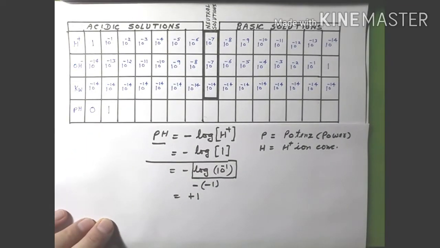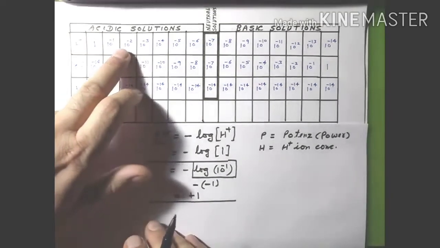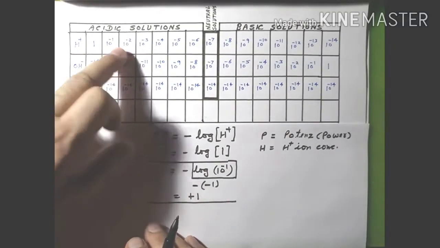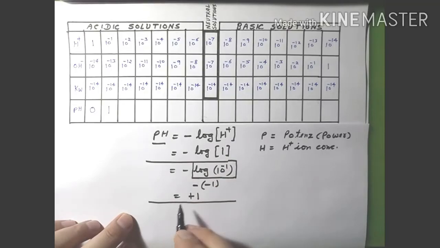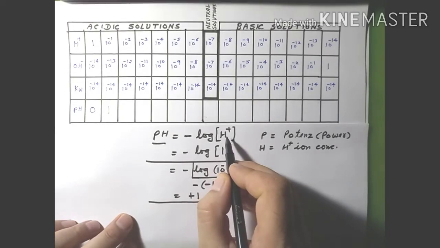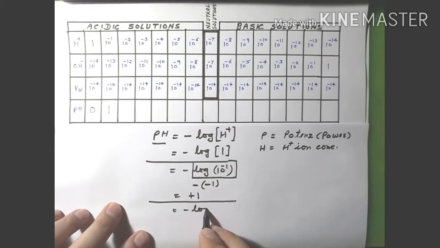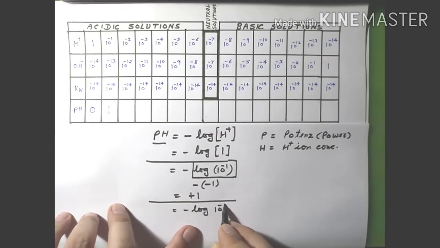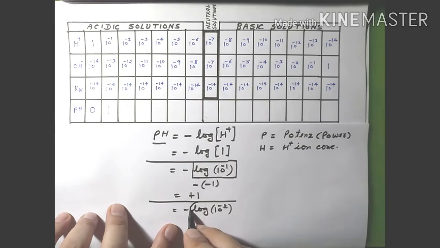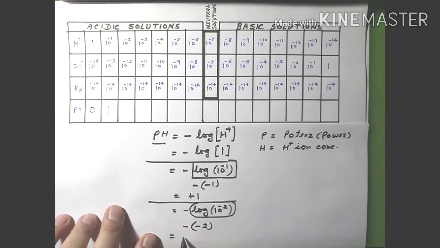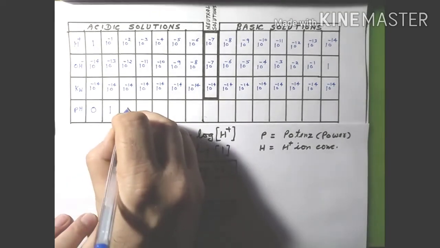In the same way, the next value is 10 to the power minus 2. If I write 10 to the power minus 2 in place of the H plus ion concentration in this formula, then minus log 10 to the power minus 2, and log 10 to the power minus 2 is equal to minus 2, and the minus sign is already there, so it comes plus 2.